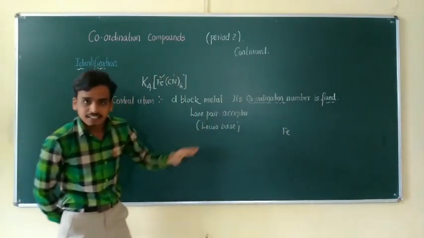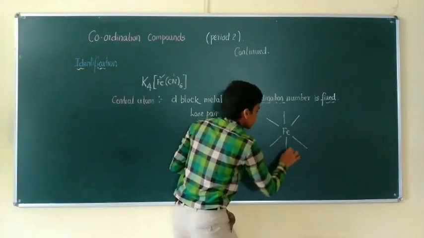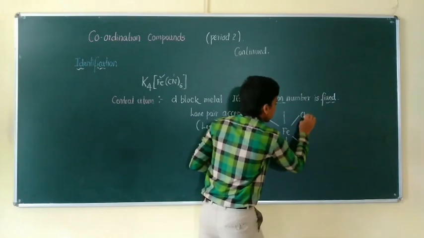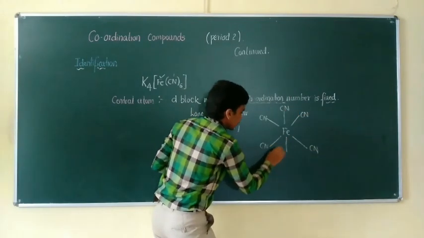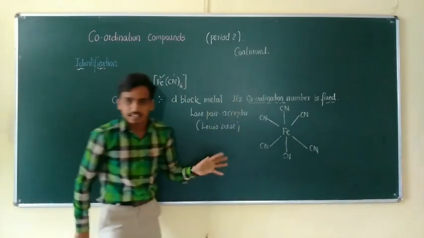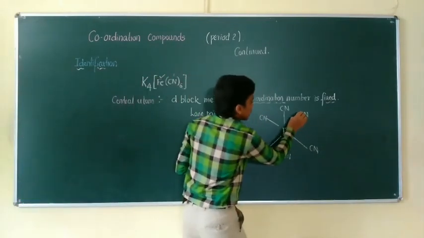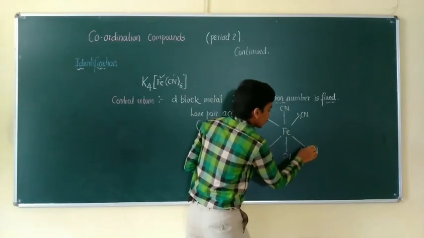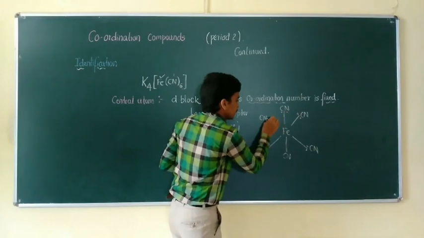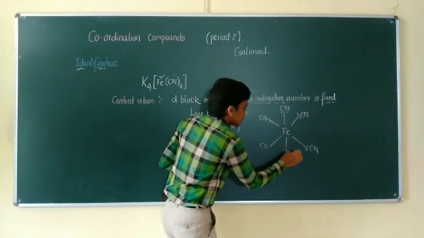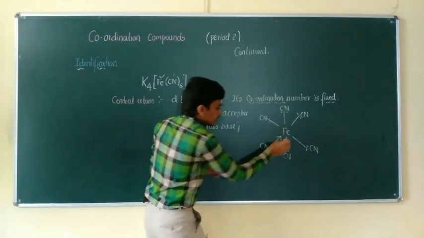Iron is present at the center, surrounded by 6 different cyanide molecules, and each of the 6 cyanide molecules has one lone pair of electrons. That lone pair of electrons is donated towards the central atom.